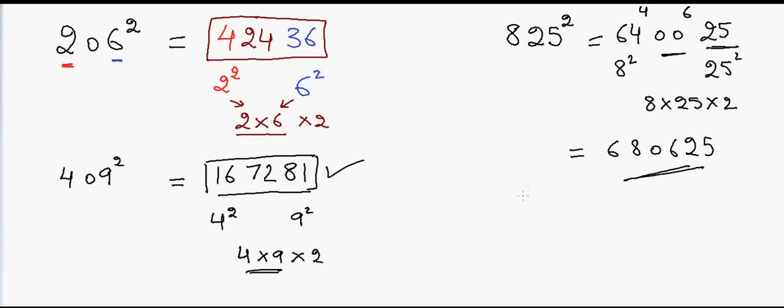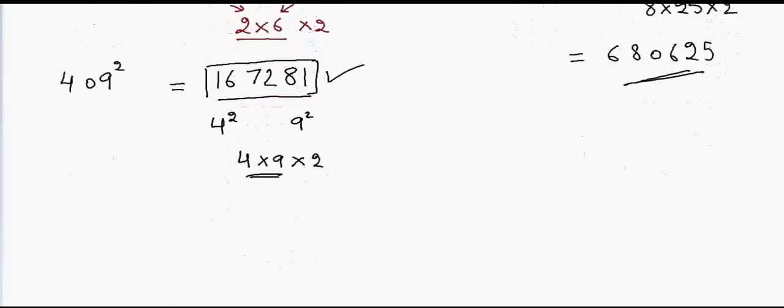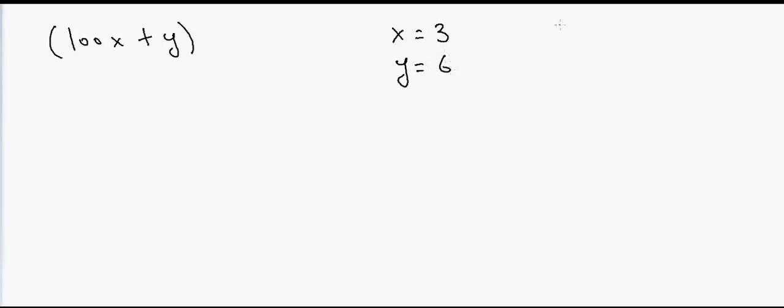Now let's look into how this trick works. Any three-digit number can be written in the following form: 100x plus y. So if x is equal to 3 and y is equal to 6, then it will be 306, right?